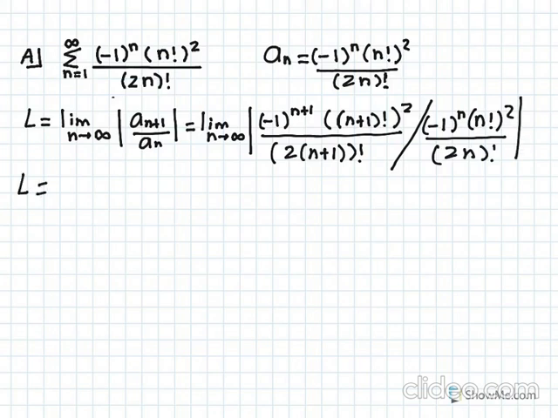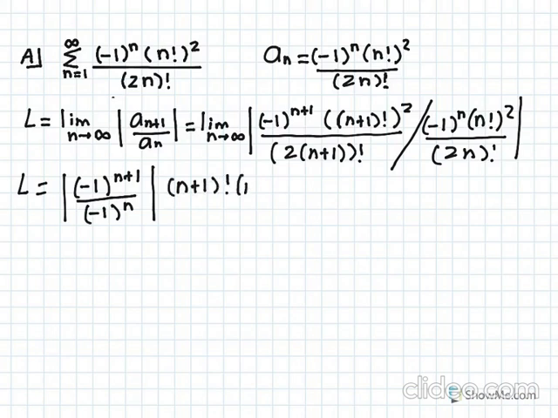So simplifying, we get the absolute value of negative 1 to the power of n plus 1 divided by negative 1 to the power of n, times n plus 1 factorial squared. We can write this as n plus 1 factorial times n plus 1 factorial, divided by 2 times n plus 1, so distributing the 2, we get 2n plus 2 factorial.